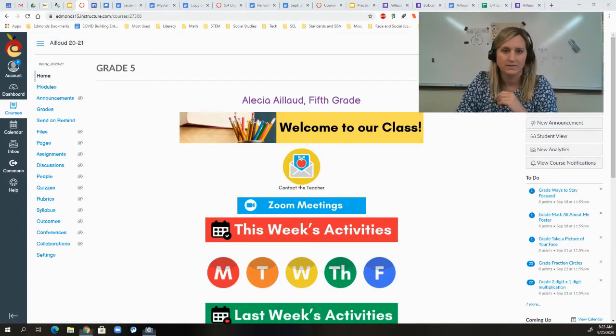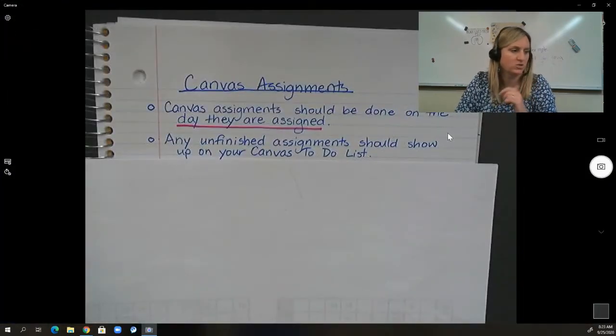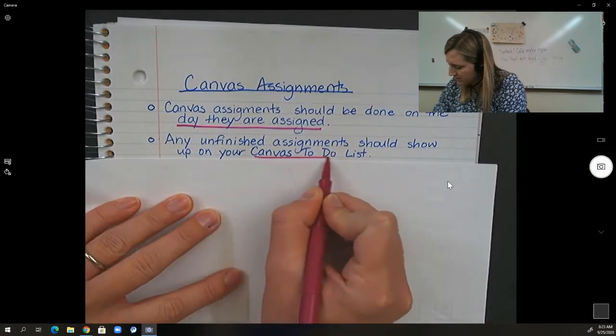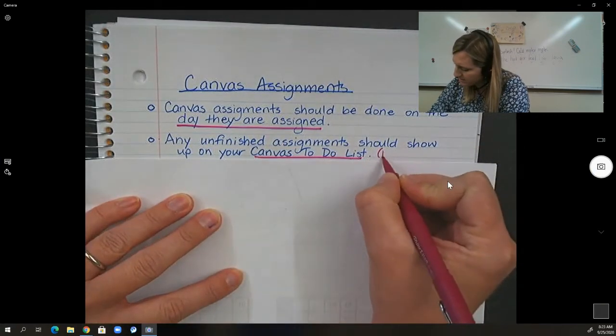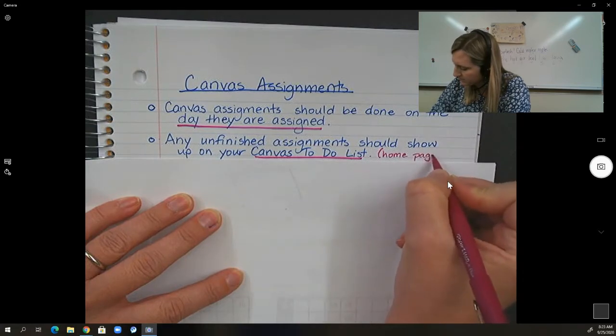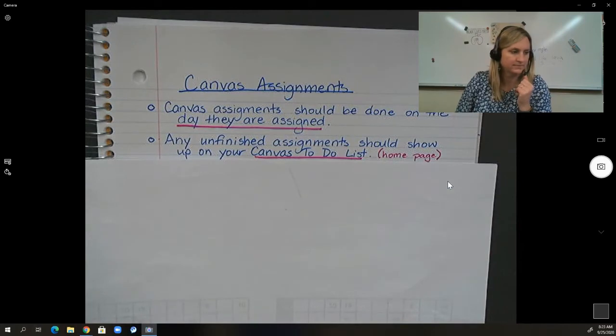Okay. So that's where you can find any unfinished assignments to make sure that you're caught up. I'm going to underline Canvas to-do list, and I'm going to put in parentheses home page. Okay. Good. If you need to push pause, do so now.